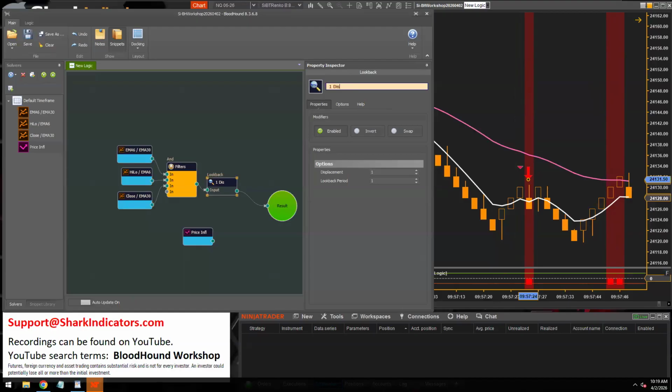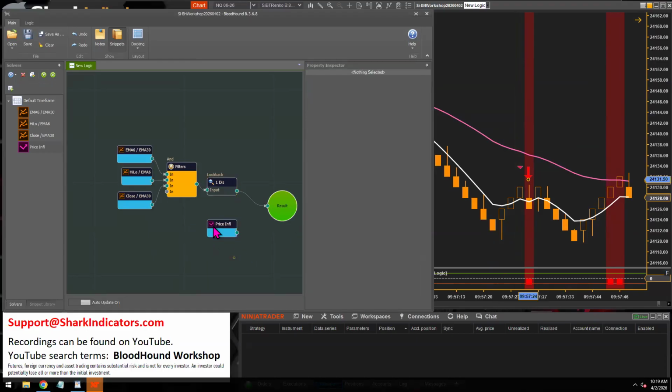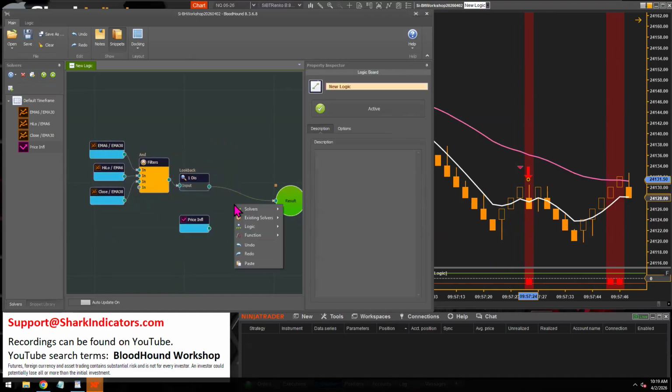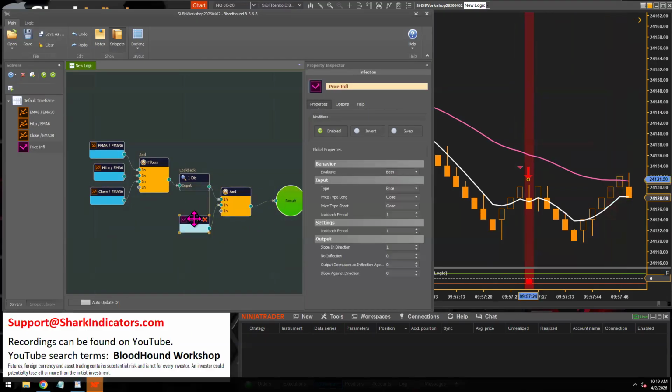So I'm using a 1 bar or 1 period displacement there. Now let's move all this back just a little bit. We need 1 more AND node. Plug that in, and then plug that in, and there we have it. And there's our signal.